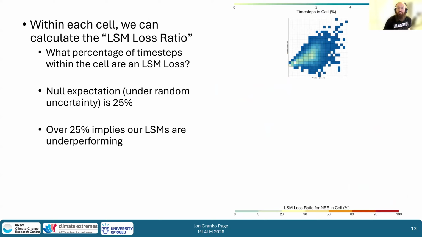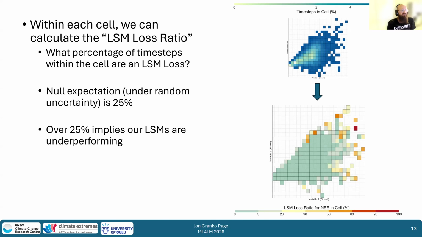Then within each cell, each time step is either a loss or a win. Within each cell, we've got a number of time steps, and then we can calculate the ratio. So just simply divide the number of losses by the number of time steps in the cell.